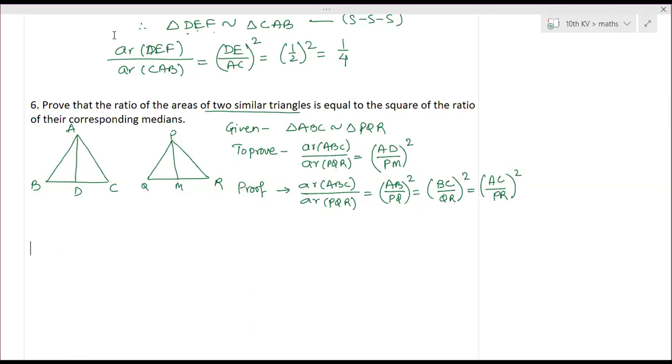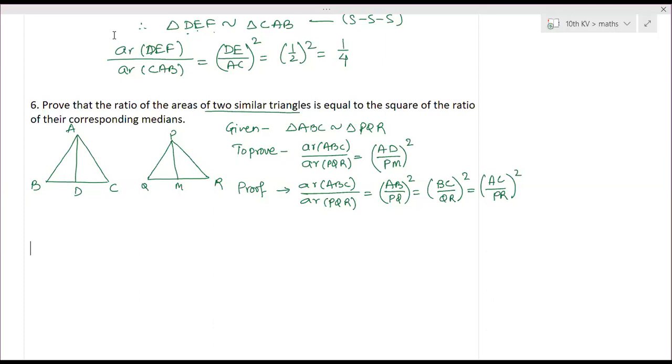Ma'am, can I try? Yes, try. Ma'am, we have to take triangle ABD and PQM, prove their similarity. How to prove them similar? Okay, fine. We will do that one. Then if they're similar, then AB by PQ is equal to AD by PM is equal to BD by QM.